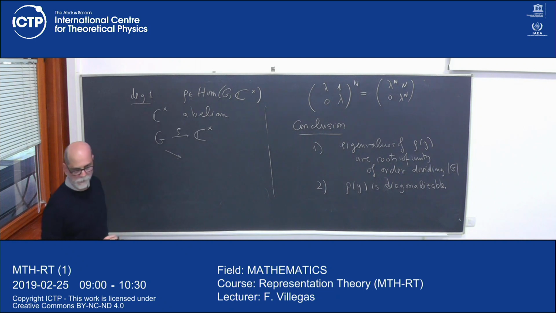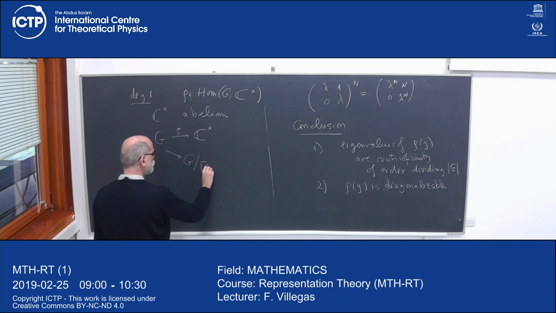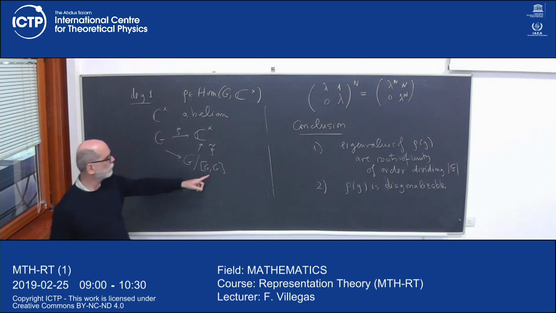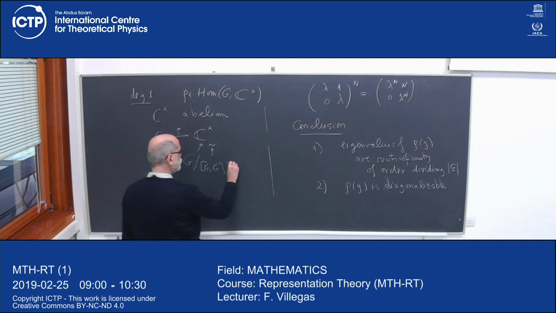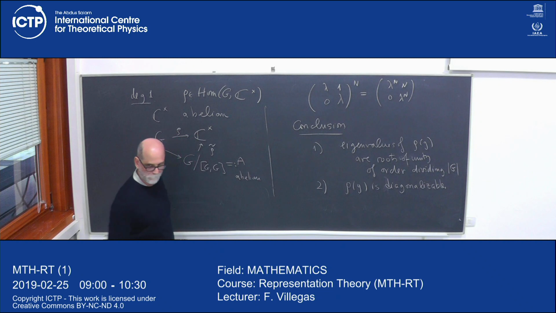There's something called the commutator subgroup, and it's a normal subgroup, and any homomorphism to an abelian group factors through the quotient, because if I compute rho on a commutator, it will map to a commutator over here. The commutators over here are trivial because the group is abelian, and therefore every commutator in G maps to 1, and therefore it goes through here. And this group, it's called A, is abelian because I killed all commutators.